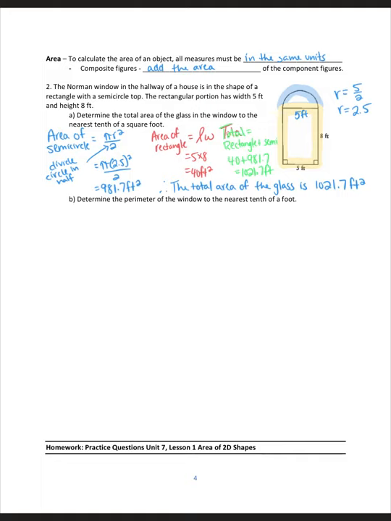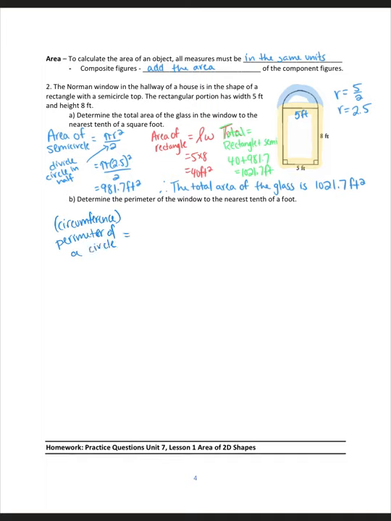Okay, last question for today. We're going to take a look at the perimeter now of this window. So we have to remember how to find the perimeter of a circle and of a rectangle. The perimeter of a circle is called the circumference. Okay, that's the math term we use for perimeter of a circle.